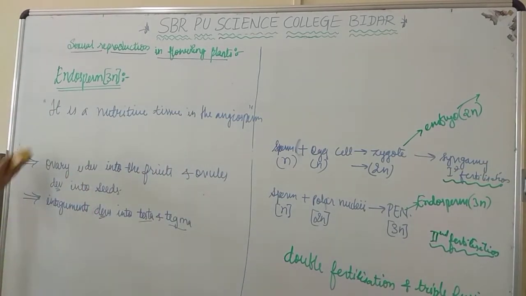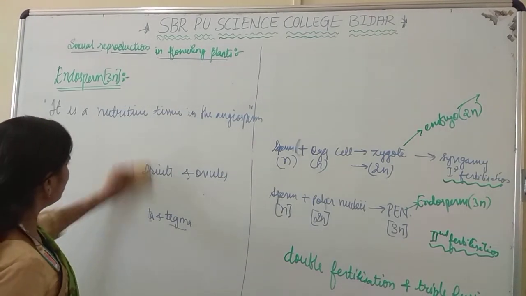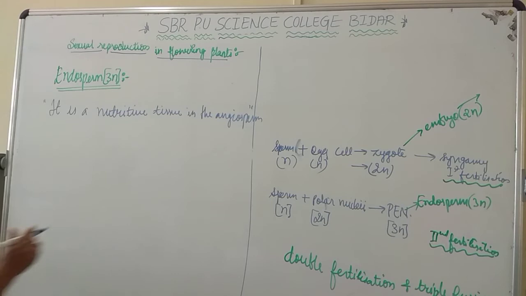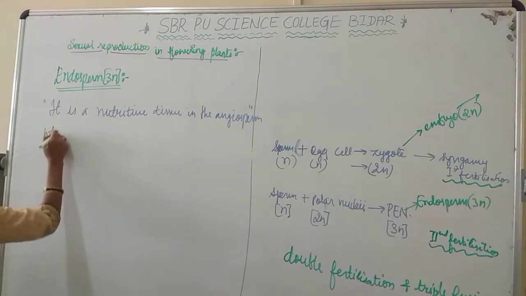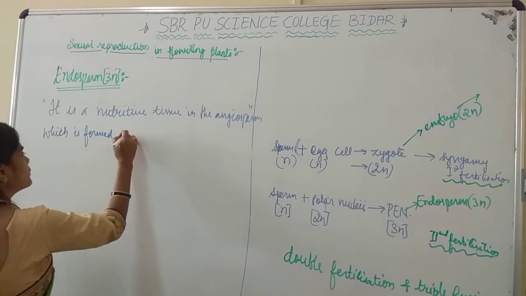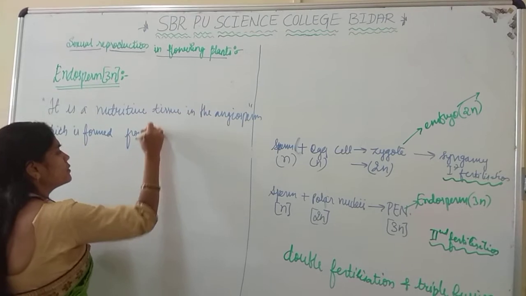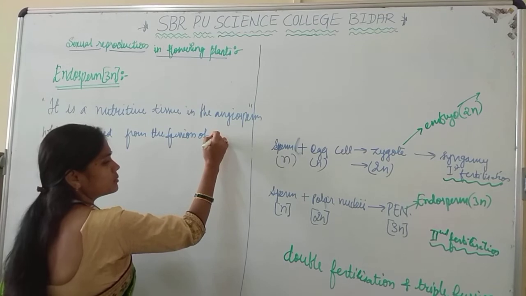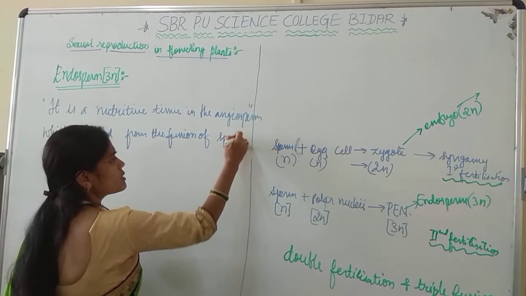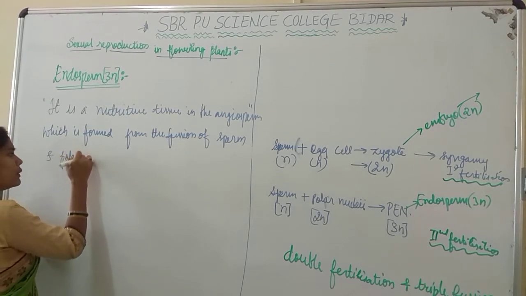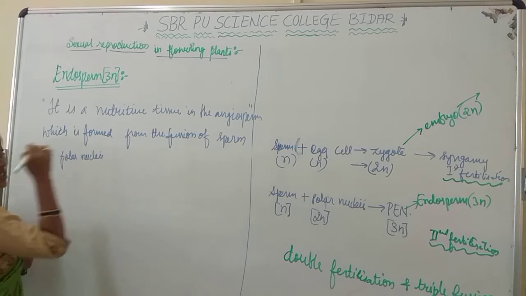Shall I repeat completely? So it is a highly nutritive tissue in the angiosperm which is formed by the fusion of sperm and polar nuclei, right?